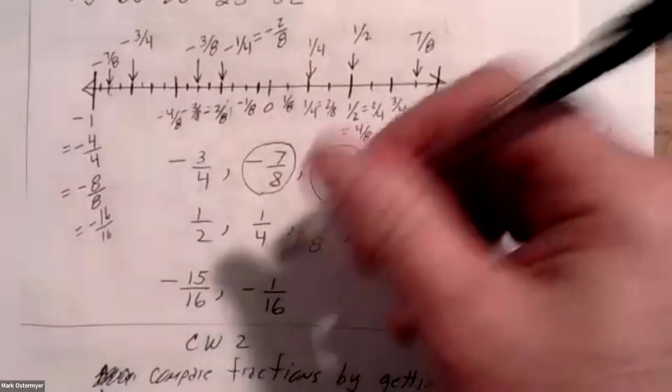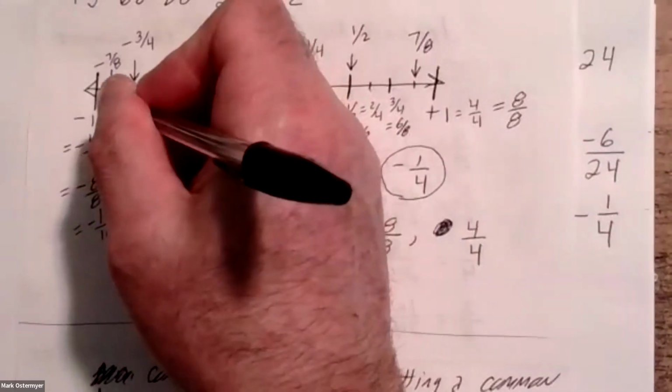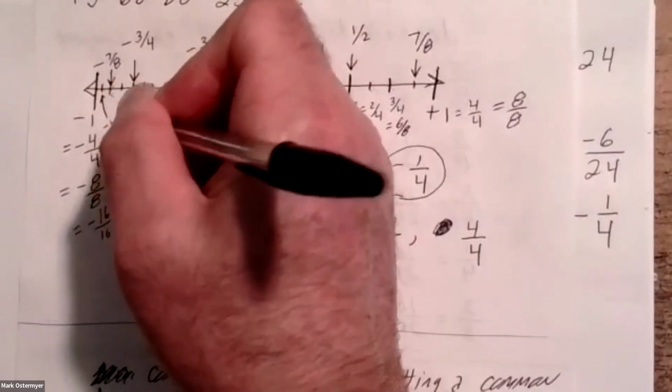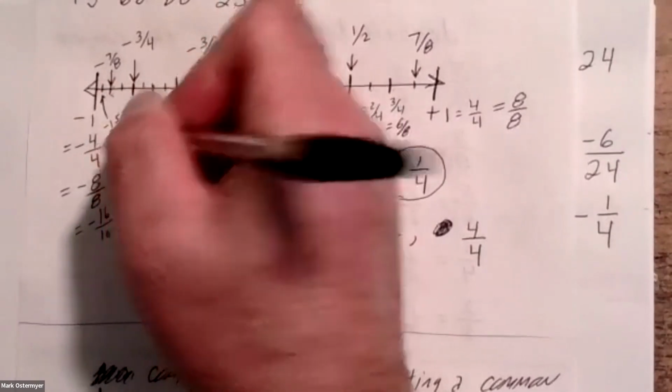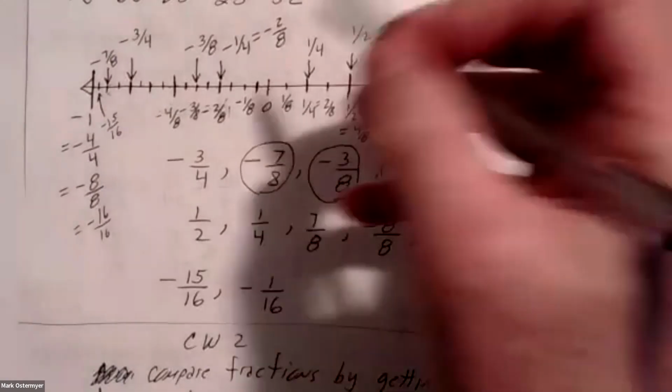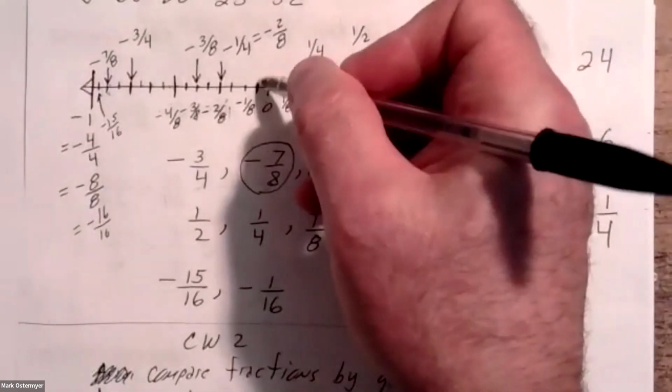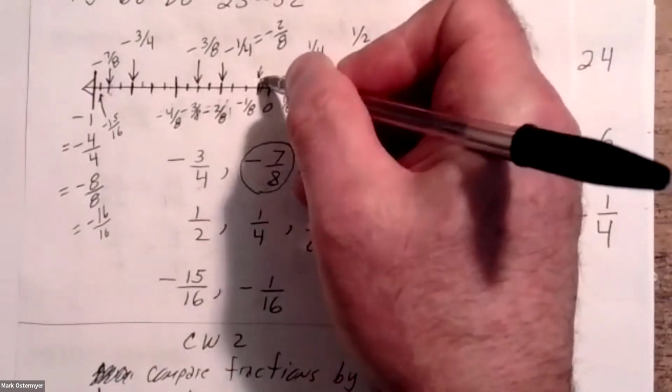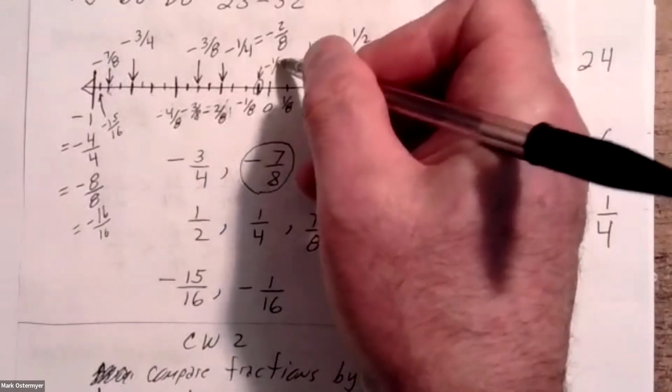So where would it be -15/16? It would be right in here. -1/16 would be what? Right here, -1/16.